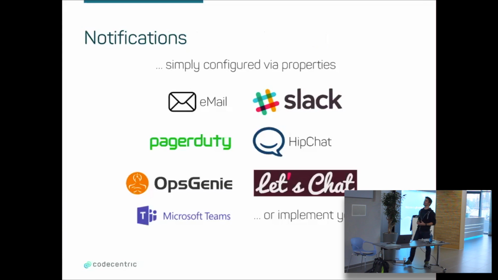We provide plenty of implementations for notifications. We can send you an email, a Slack notification, Opsgenie, whatever you like. And if nothing of the pre-implemented notifiers match your needs, you can even implement your own. And this is why I consider Spring Boot Admin more a library and not a runtime.